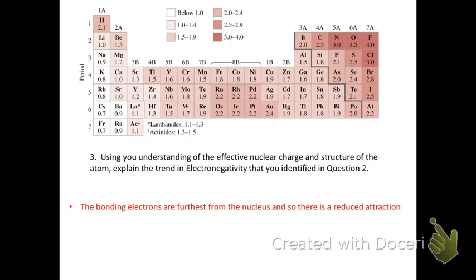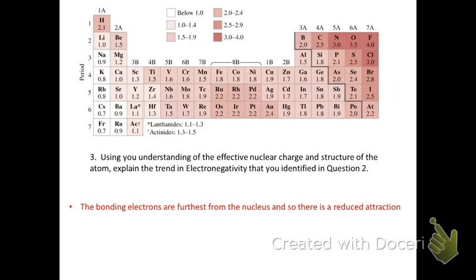So now, just like when we talked about in the periodicity chapter, why we had to look at periodic trends for ionization energy and atomic radii, we also need to know why the trend for electronegativity is occurring the way it is.